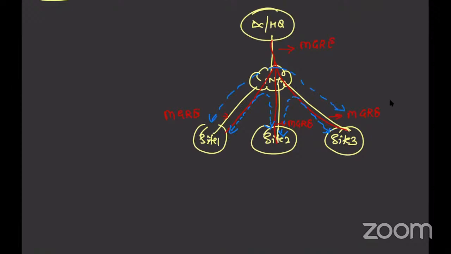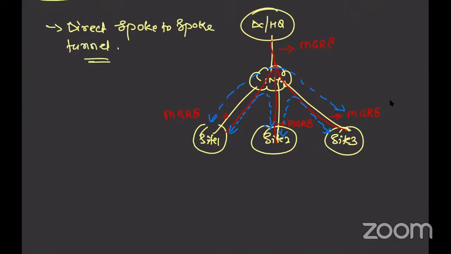So the advantage is a direct spoke-to-spoke tunnel. But your first packet will go via the hub in this case as well, because NHRP is used to find the addresses, and after that the rest of the packets will go directly.